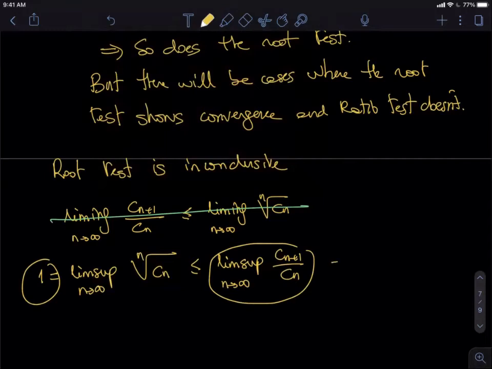So that means that the ratio test is inconclusive too. Okay, so overall what we are saying is when the ratio test is inconclusive, the root test may still be able to say something, but if the root test is inconclusive, then that's it. There is nothing the ratio test can add to that. Okay, so in conclusion, the root test is a bit more powerful.